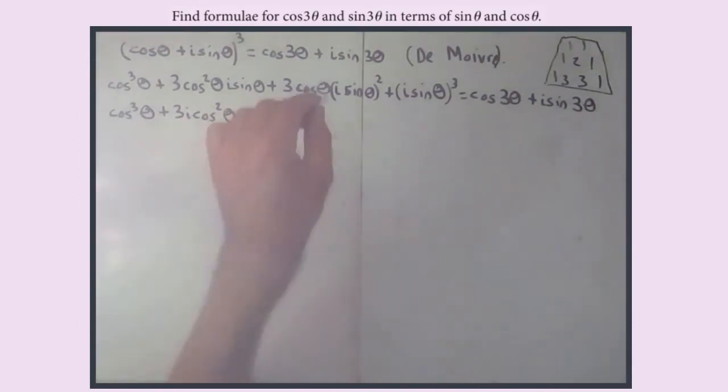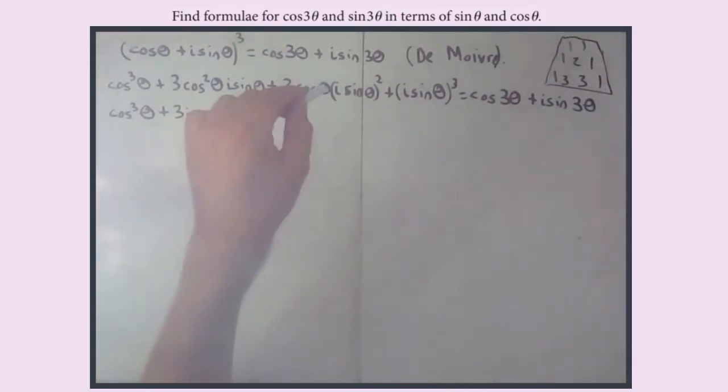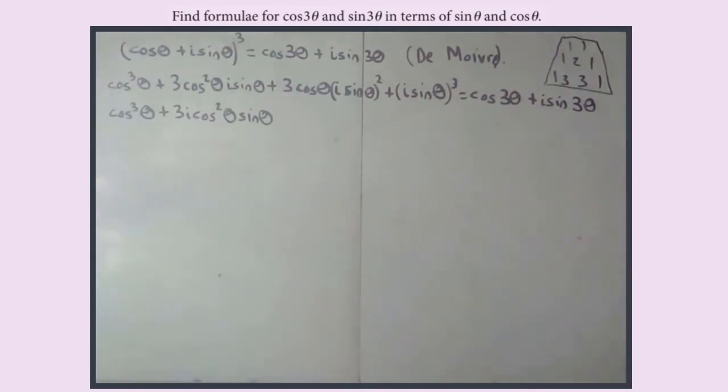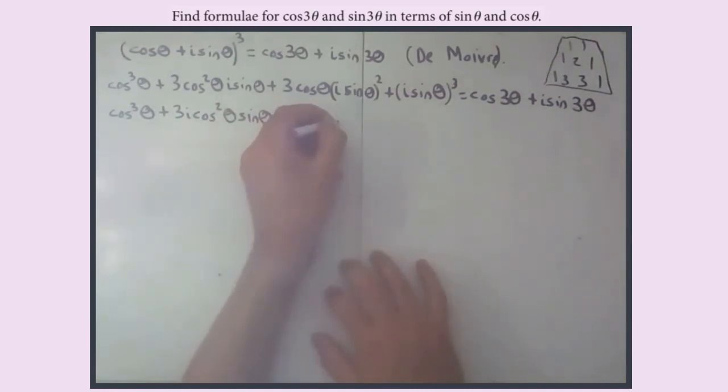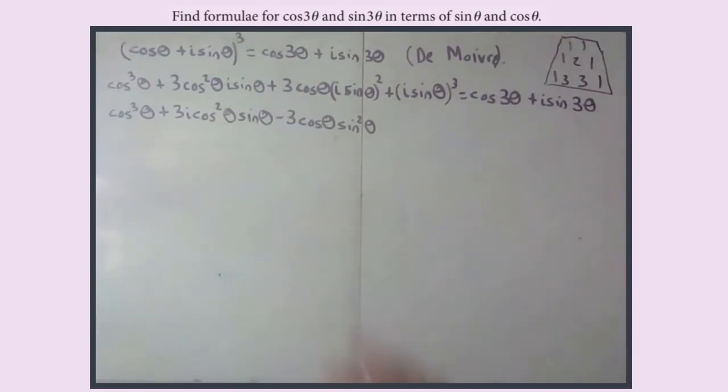You've got (i sin θ) squared, so that's i squared sin squared θ. Well, i squared is minus 1, so I'm going to bring that minus 1 out, so that is going to be minus 3 cos θ sin squared θ. But note that that now contributes to the real part and not the imaginary part.